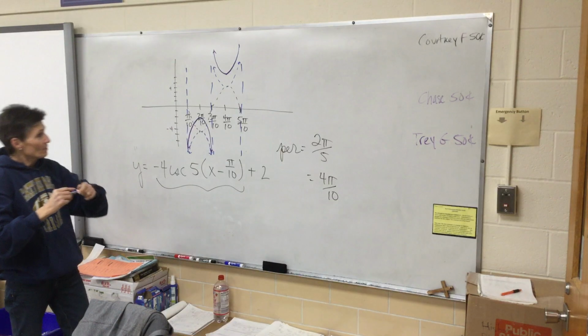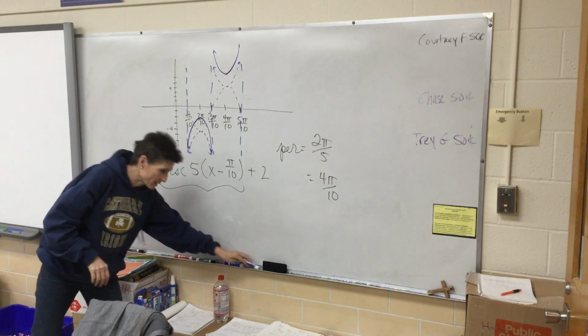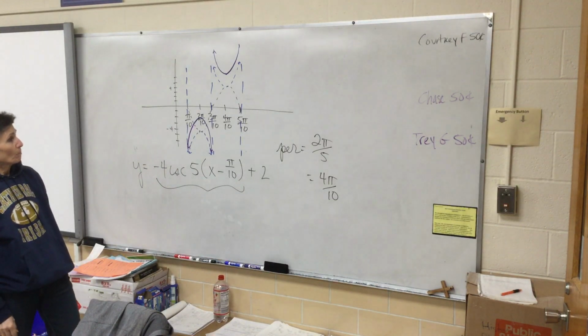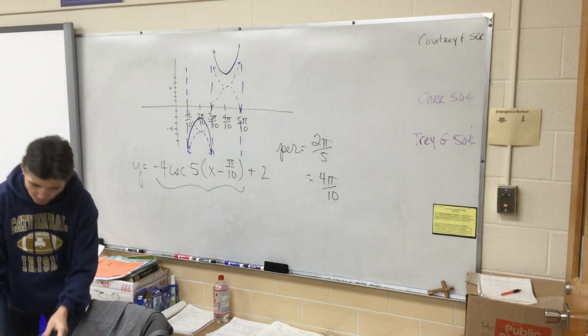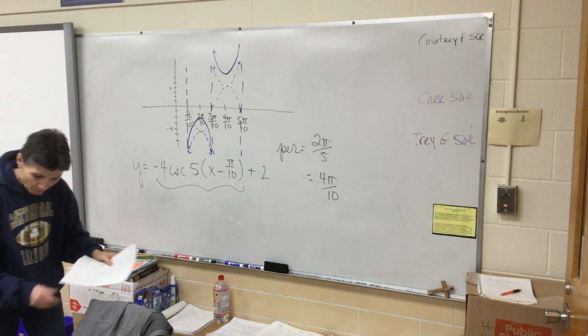And there you go. The purple, and I know that's quite a cluttered mess, but the purple is actually the answer to the question. Okay, good deal. All right, number 3.